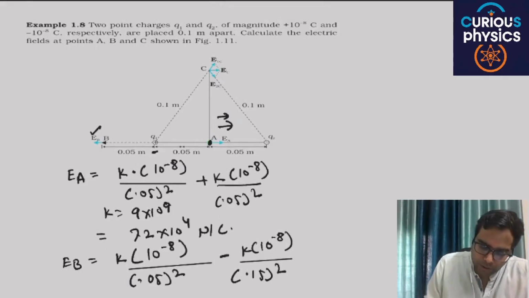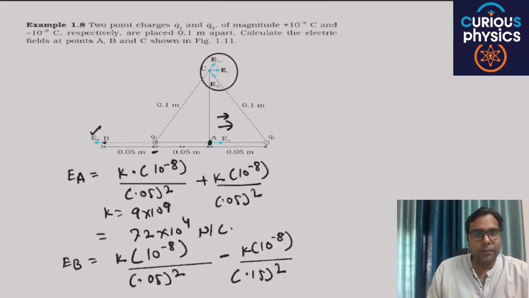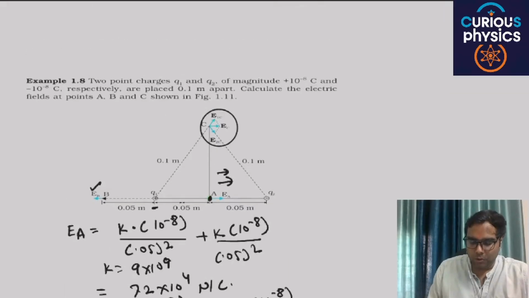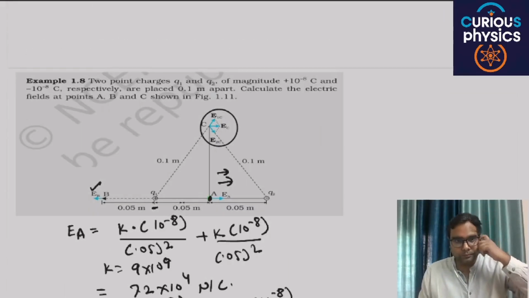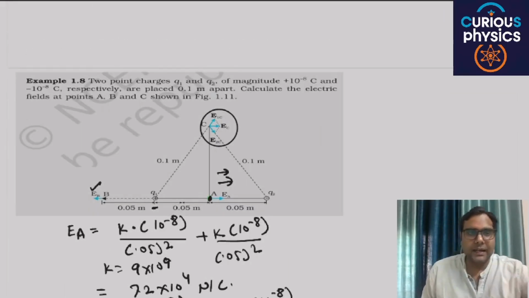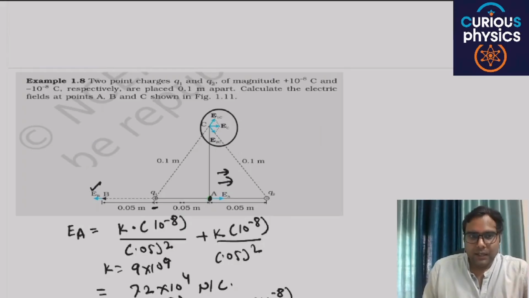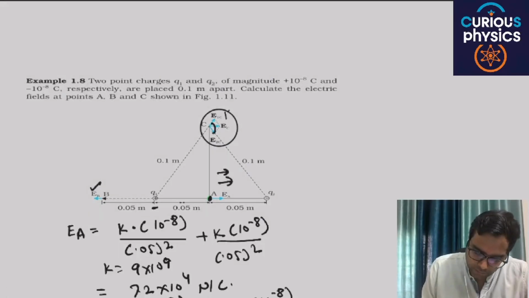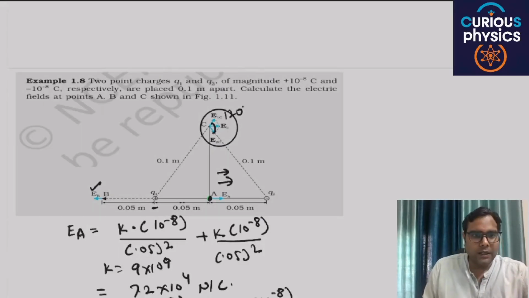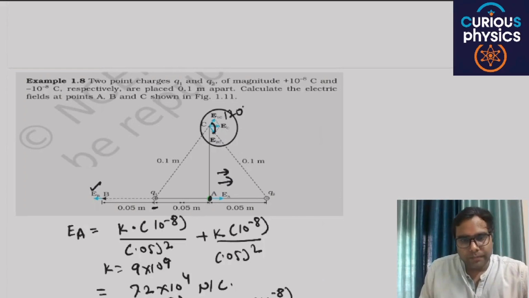Now look at this particular point C. You have to understand how to write the electric field. Here the directions are not the same or opposite; they have a particular angle, and the angle is 120 degrees.